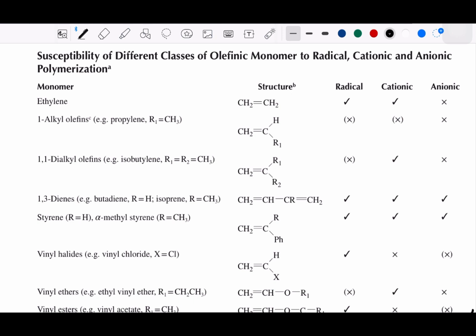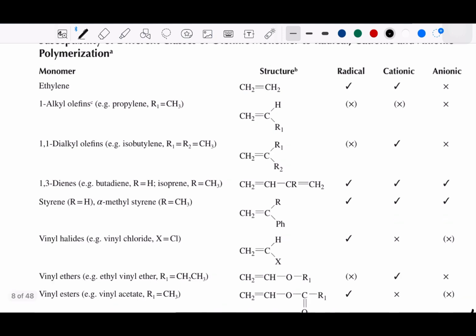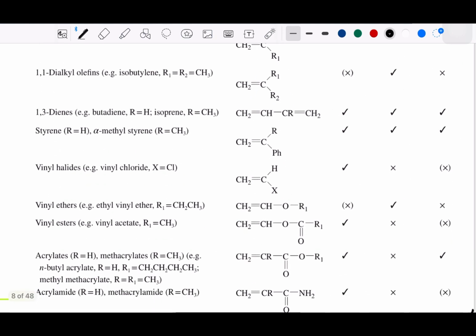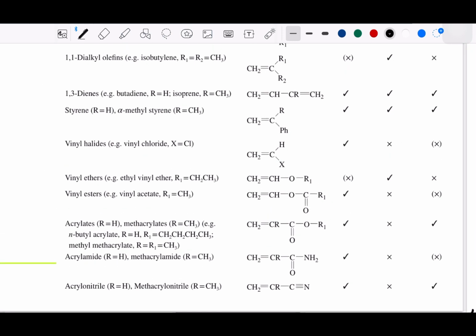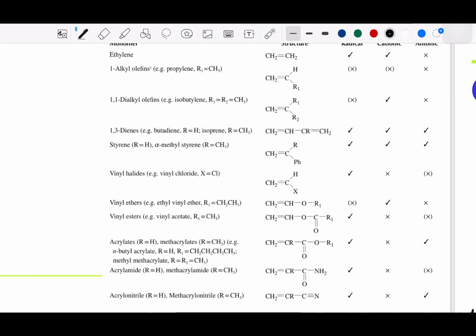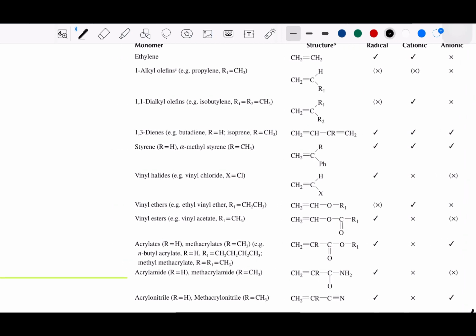Dienes are considered for radical and ionic, both positive and negative charge, they can be used, and so on and so forth. So sometimes one monomer can be used in regular radical polymerization, or we can choose between either cationic or anionic.